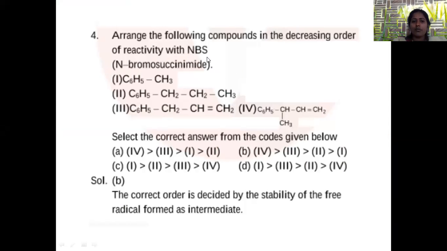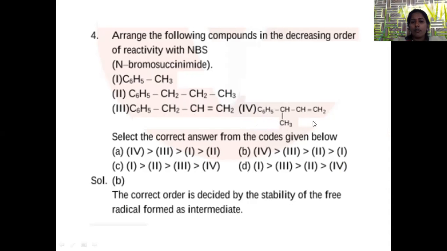N-bromosuccinimide is used to give bromination under homolytic fission, where a free radical type of reaction mechanism is followed. In order to get that, we have to find out the stability of the free radical. Based on the stability of the free radical, the type of product will be obtained. So the first is toluene, the second is propyl benzene, the third is allyl benzene, and the fourth is isobutenyl benzene.